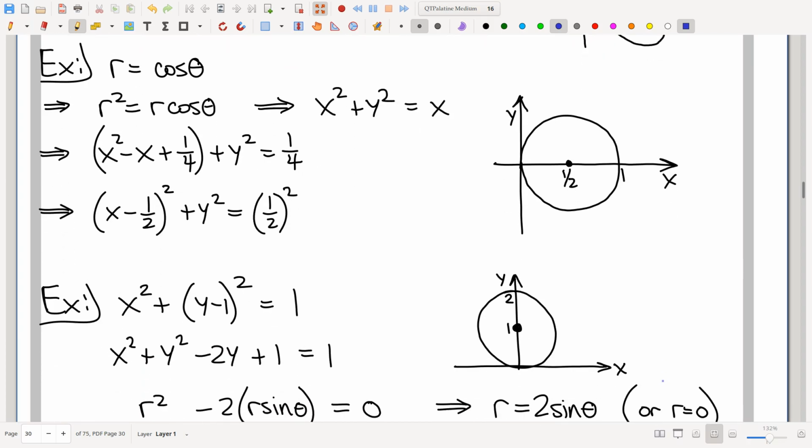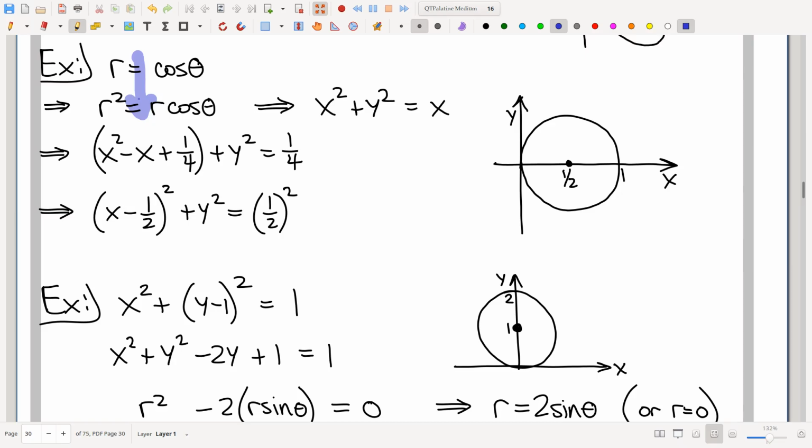I just want to comment on some particular moments. This trick right here is a trick. This is not something that, of course, obviously you would have chosen to do. I start with this equation, r equals cosine theta, an arbitrary equation I just made up, right?